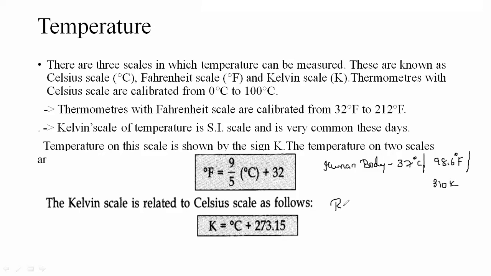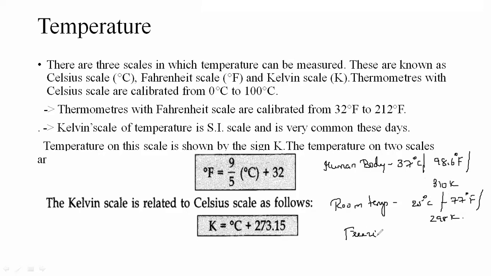Then room temperature, how do we take it approximately? The room temperature is 25 degrees Celsius, or 77 degrees Fahrenheit, or 298 Kelvin. This is taken as the standard temperature.